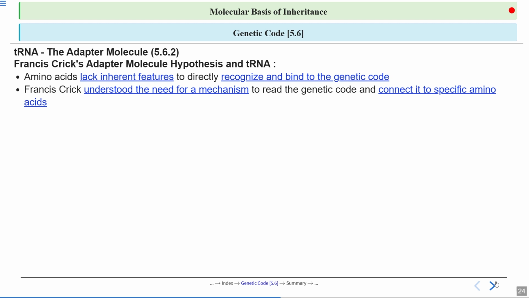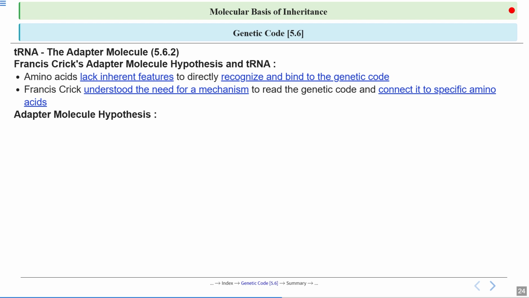Francis Crick understood the need for a mechanism to read the genetic code and connect it to specific amino acids. The adapter molecule hypothesis then came. So what does it mean? Amino acids don't have any feature which directly recognizes the genetic code and binds to it. They don't have any inherent feature like that.